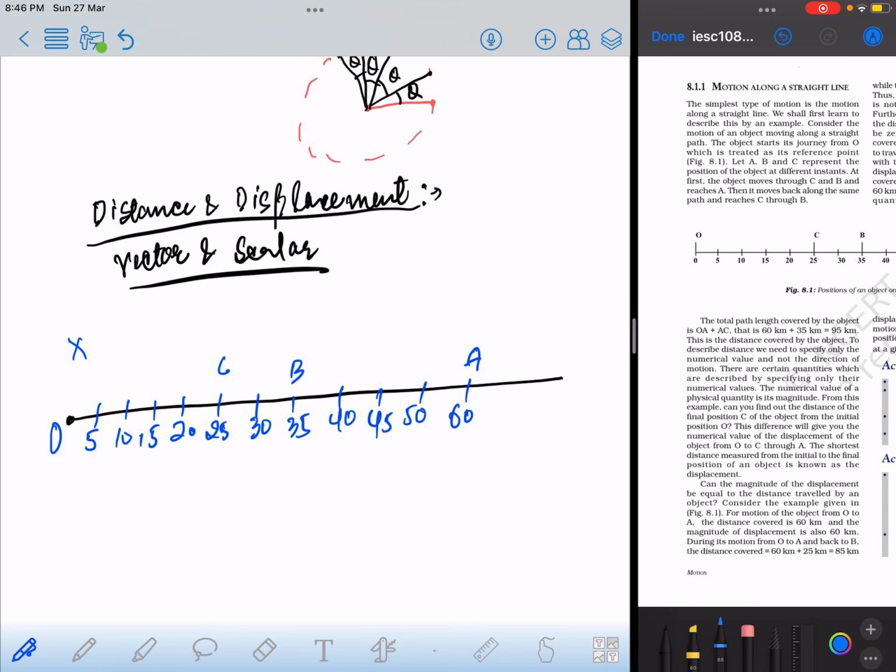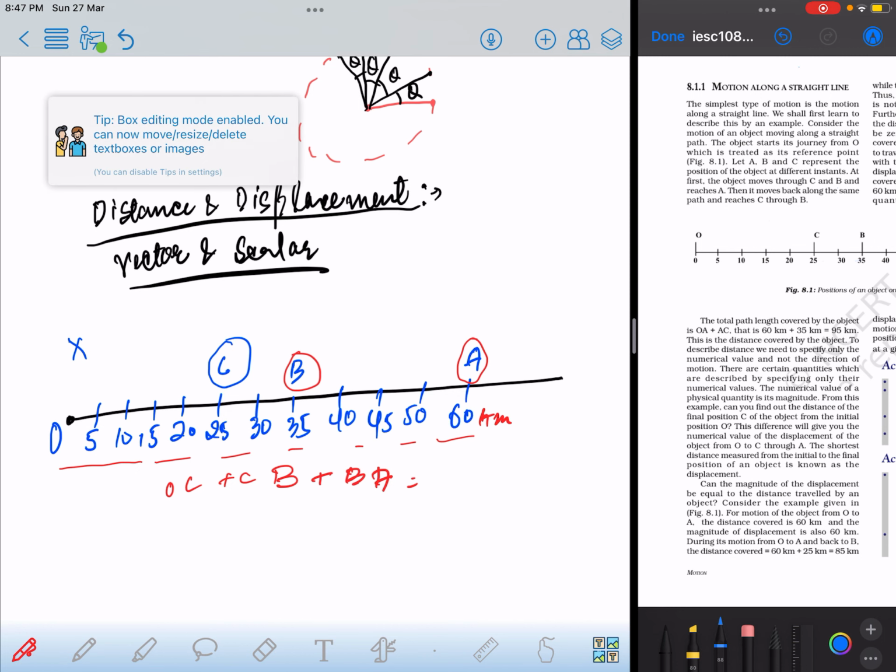So if a body moves first through C, then B, and reaches A, the total path covered is OC plus CB plus BA, and this is in kilometers. If we look at this, we get a total distance of 60 kilometers in this first path.